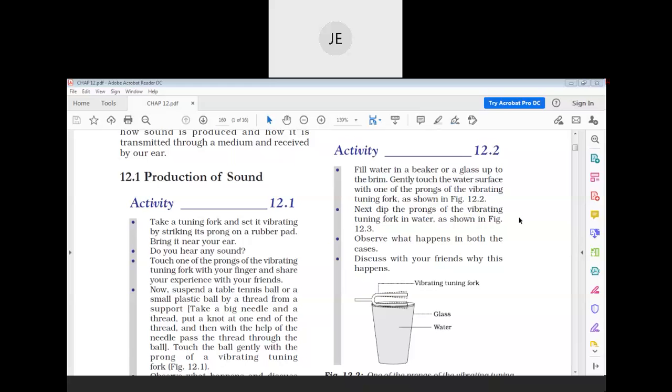So if you fill water and bring the vibrating tuning fork near it and simply touch the water surface, what happens?